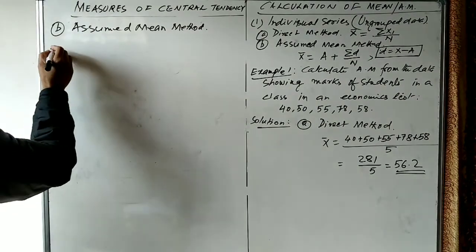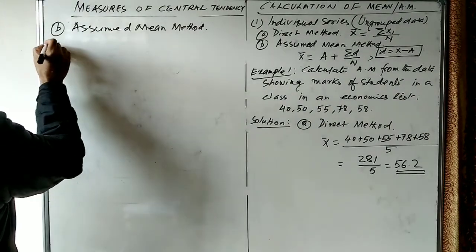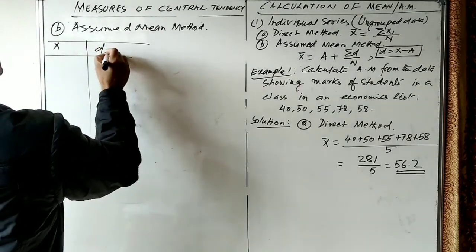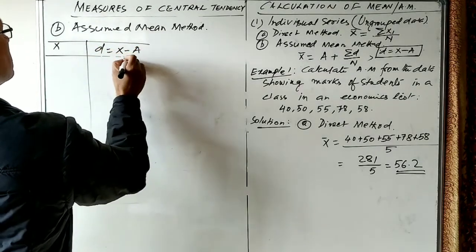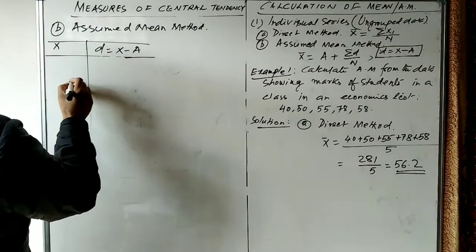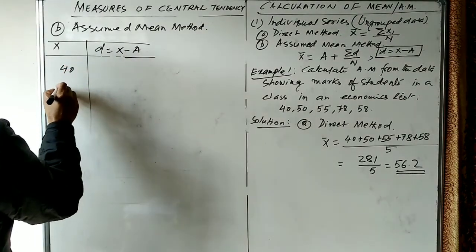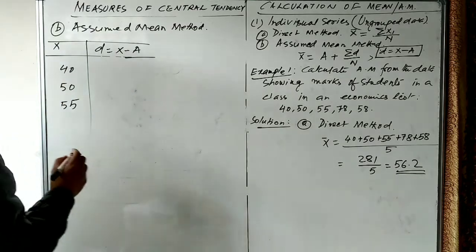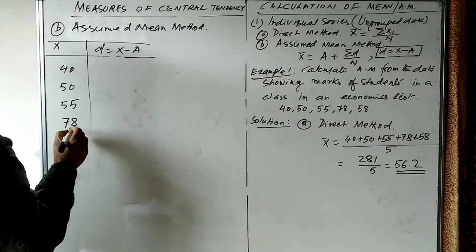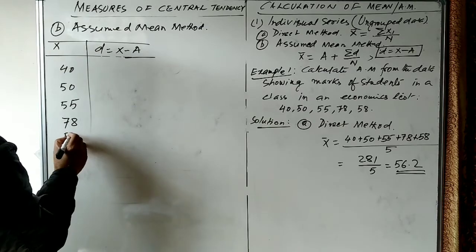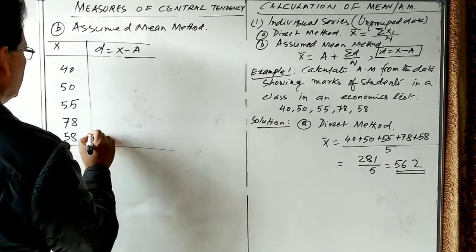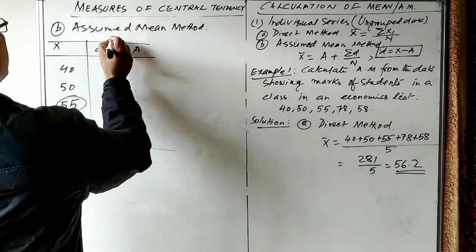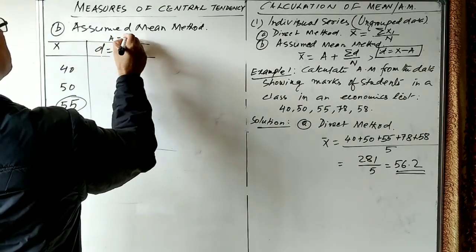In the solution we take X and D. The observations given are 40, 50, 55, 78, and 58. We assume 55 as A.